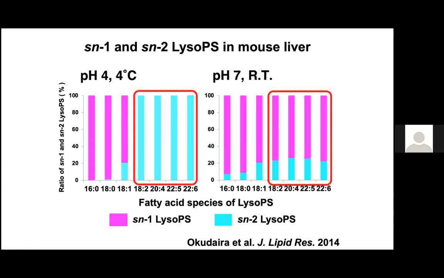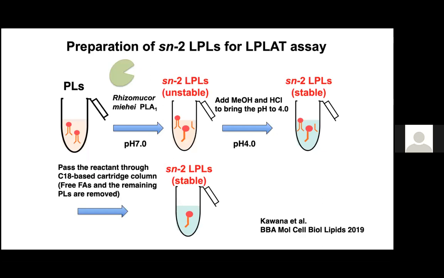In contrast, when we use the new method, most of the lyso-PS species with unsaturated fatty acids are detected as SN2 lyso-PS, as shown in the blue bar.